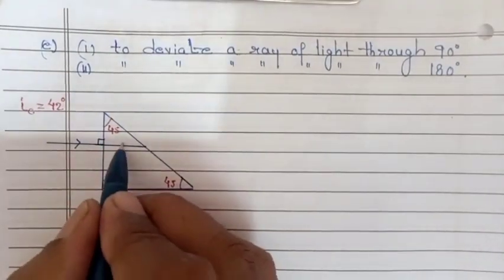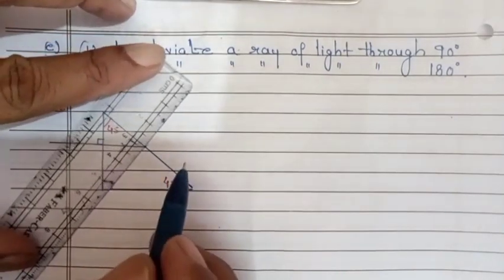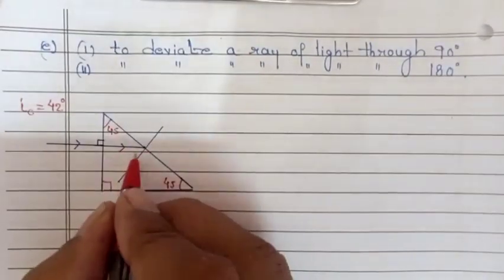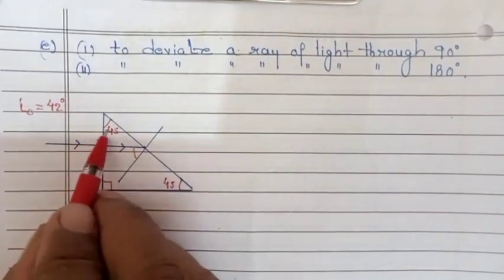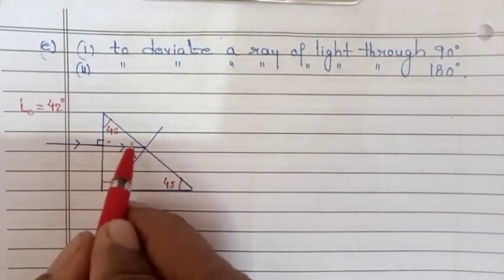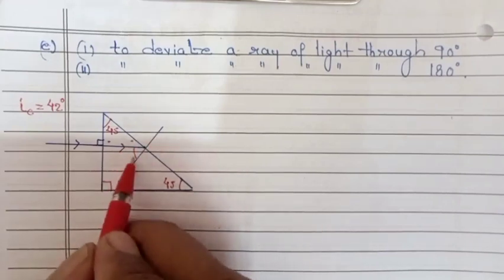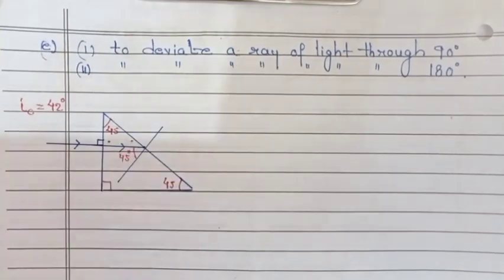Now, when it reaches this surface, you will draw a normal and we will calculate this angle of incidence. Now how will this be calculated? This is 45, this is 90, again this is 45, and from 90 if you subtract this 45, you will get this angle of incidence equal to 45 degree.